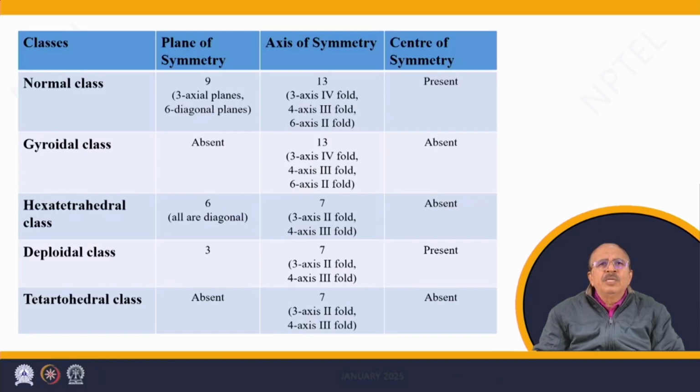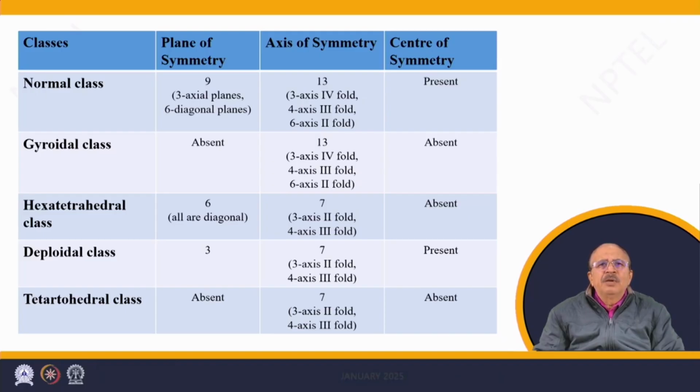The details of these classes you can see in this table, in which the plane of symmetry, the axis of symmetry and the center of symmetry have been given. For normal class the planes of symmetry are 9, axes of symmetry are 13 and the center of symmetry is present. Gyroidal class, plane of symmetry absent, axes of symmetry 13 and center of symmetry absent.